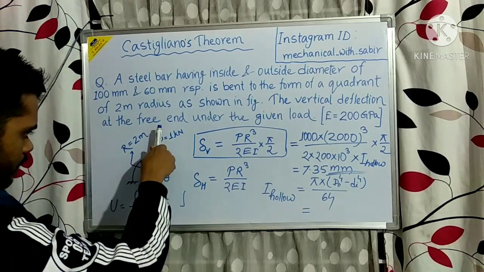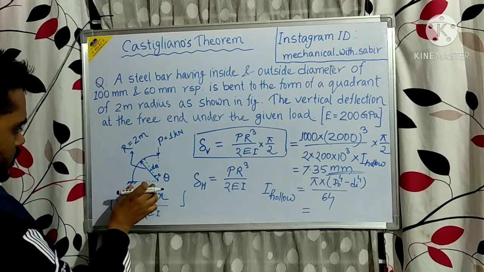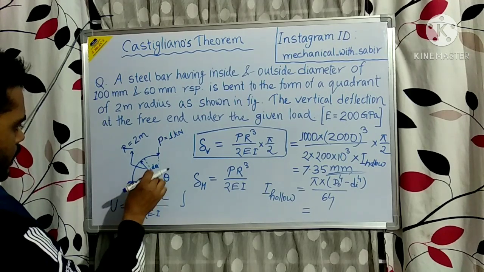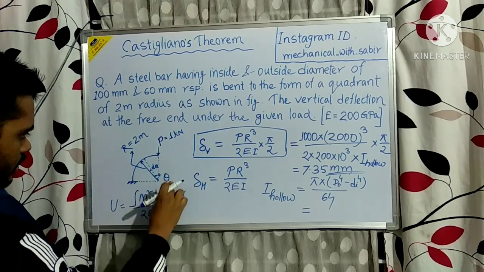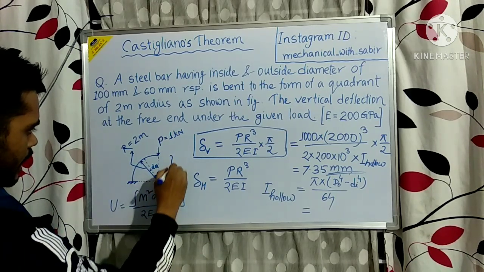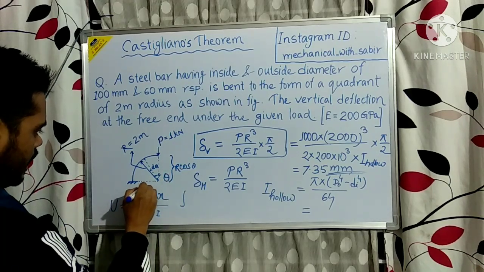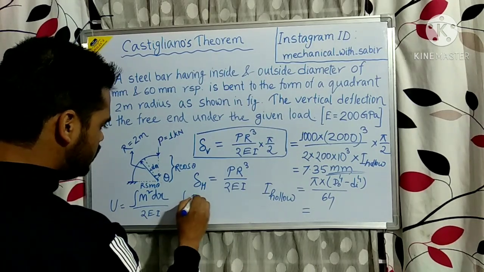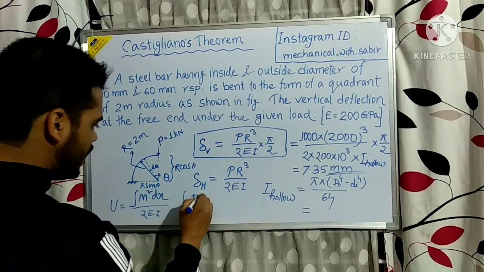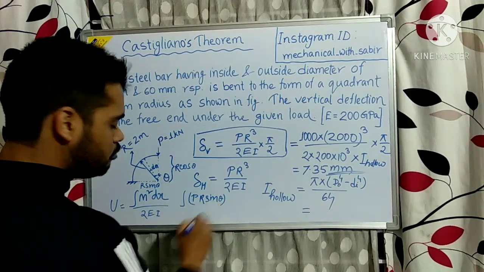Again M will be replaced by P into this distance, because the load is applied in this direction, and the distance from the fixed end will be r sin theta, because this will be r cos theta and this is r sin theta. So P into r sin theta will be your moment.